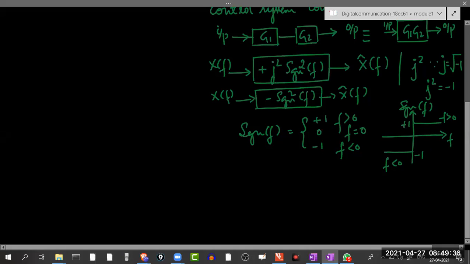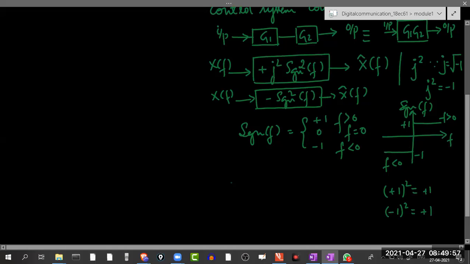But am I having just the signum function over here? No, it's signum squared. So when I square this, what happens? The positive value stays the same: +1 square is +1 itself. And the amplitude for negative frequency, which is -1 square, will also be +1.